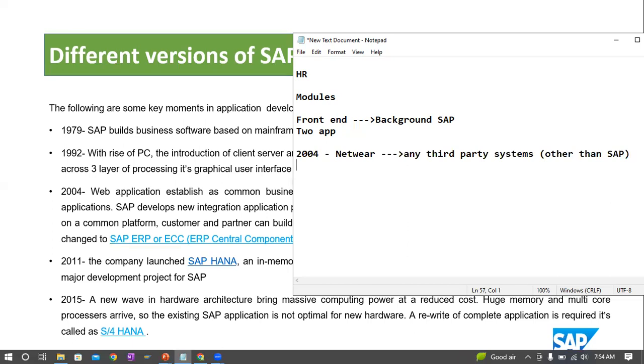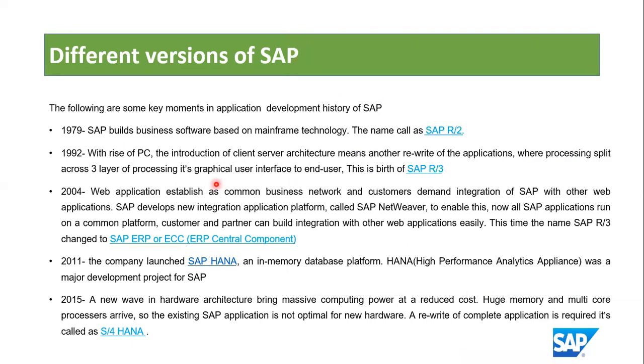That is where they named it the SAP ECC system. SAP ECC came in 2004. ECC is nothing but ERP Central Component.